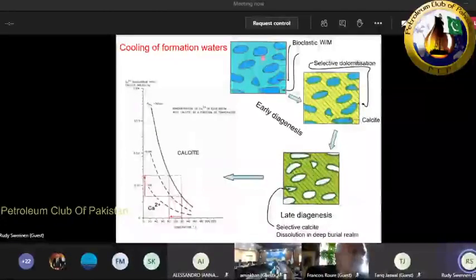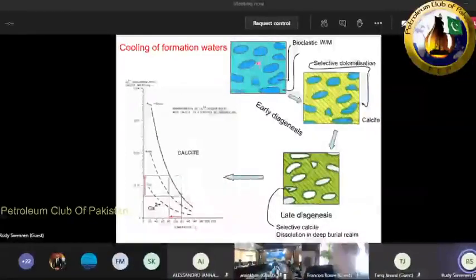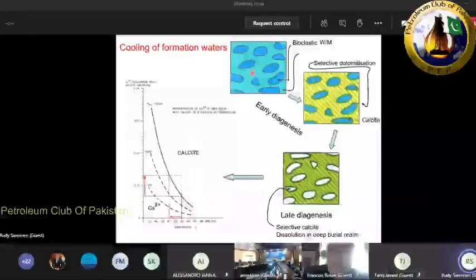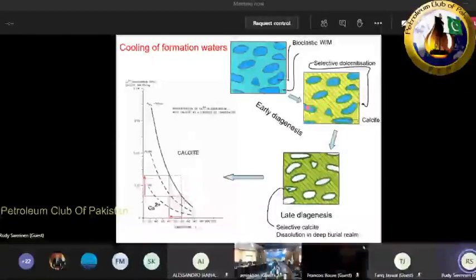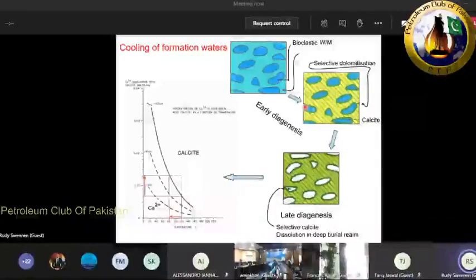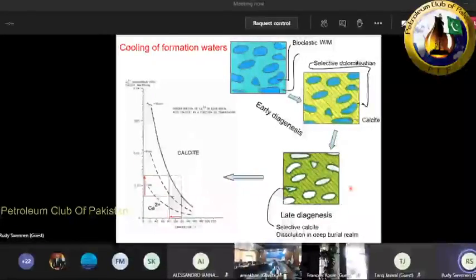You have the fossils in dark blue, and then the other color is indicating the matrix. We had selective dolomitization. The fossils were not so much affected because they were quite crystalline. And later on, by this cooling of formation waters, we have the selective calcite dissolution in the burial realm.